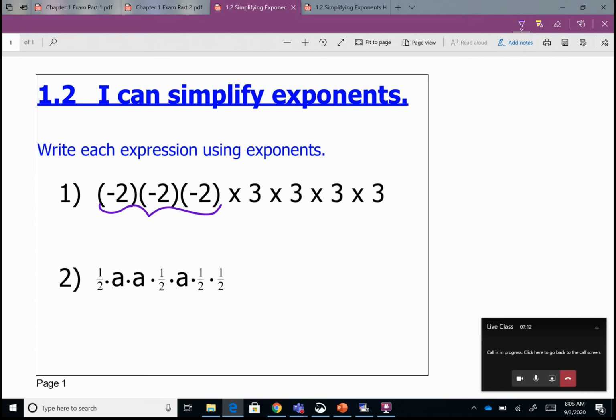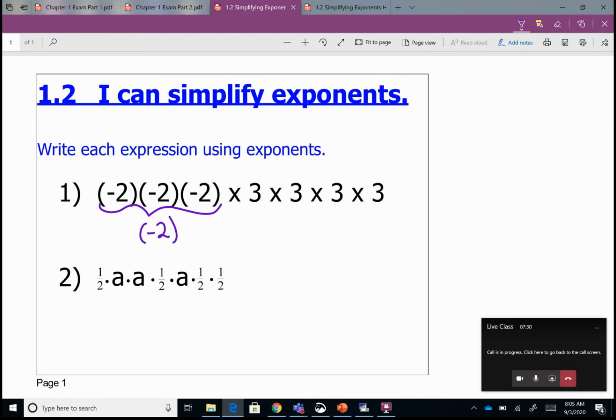Chase, what do you think? Negative 2 times 3, we saw that yesterday. Is that going to get us the same as negative 2 times negative 2 times negative 2? What do we have to do to it, John? We have to put a negative 2 with an exponent of 3.